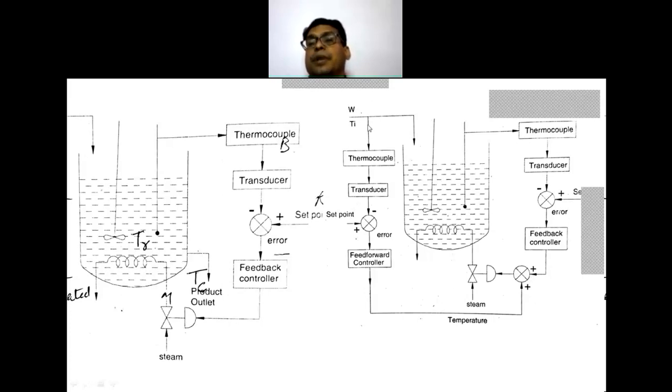This inlet temperature depends on the thermocouple, transducer, and the feed forward controller, and that goes into the comparator. This comparator takes the corresponding action and gives the signal to the control valve which adjusts the steam position. So this is the comparison between feedback and feed forward feedback loops.